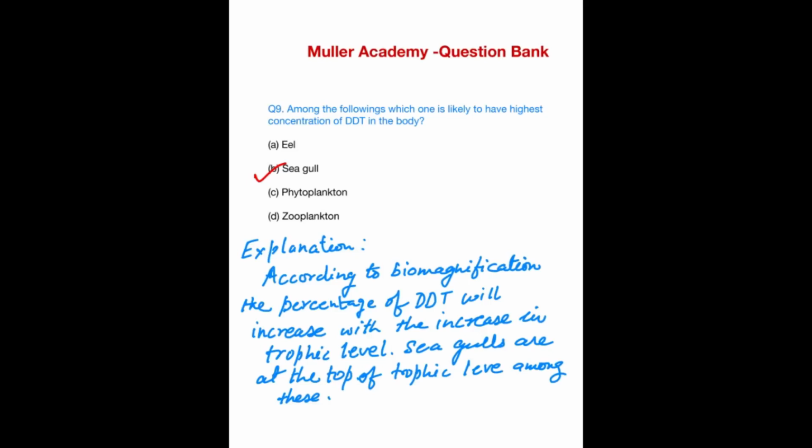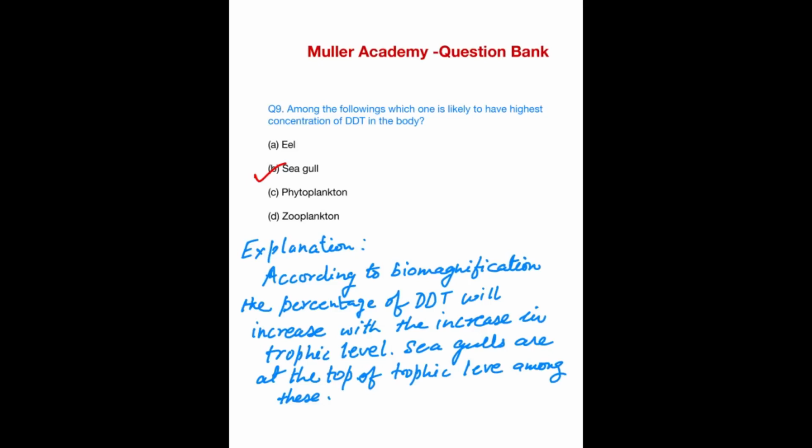This is a process of biomagnification. Any organism which consumes DDT, it gets deposited in their fatty cells. So the higher the trophic level of that particular organism, the higher the biomagnification in that body.